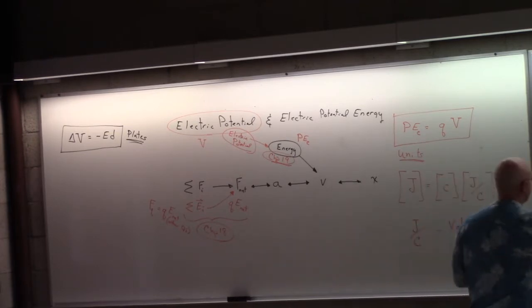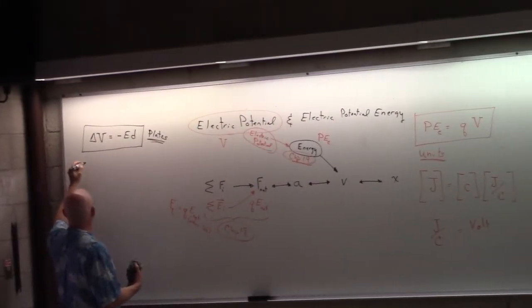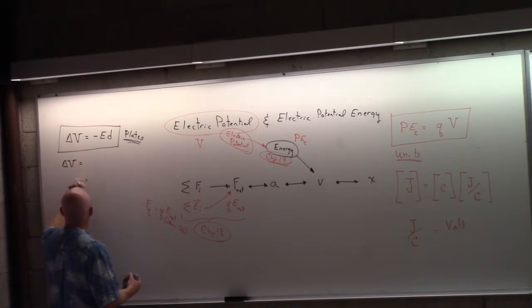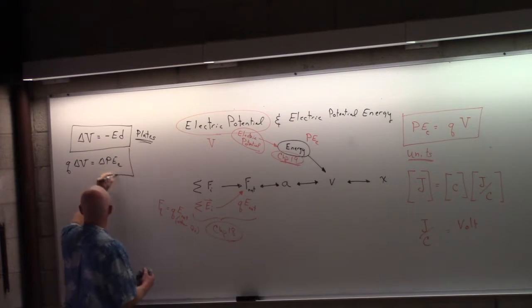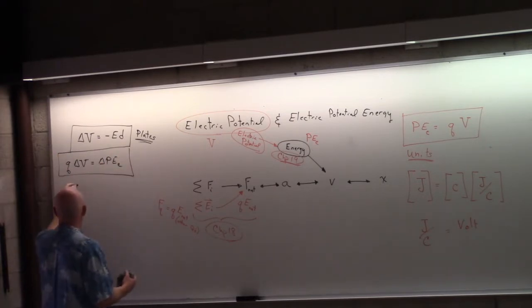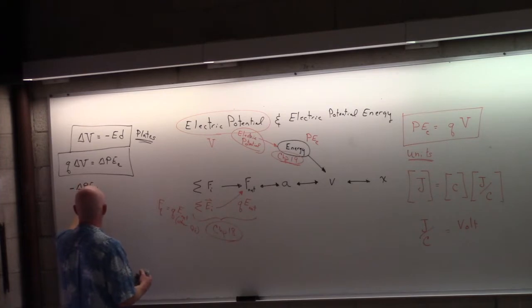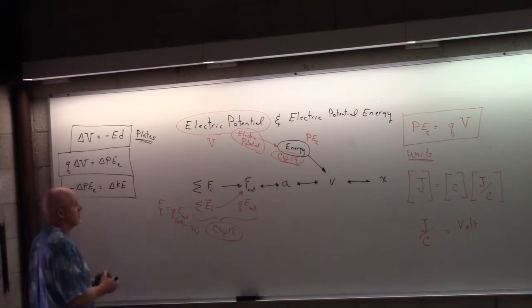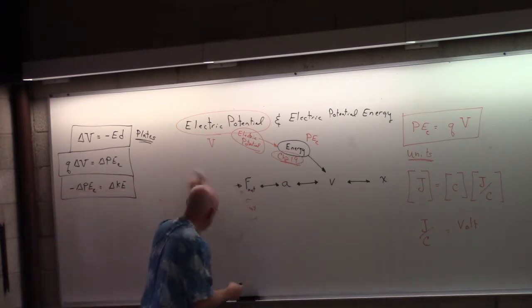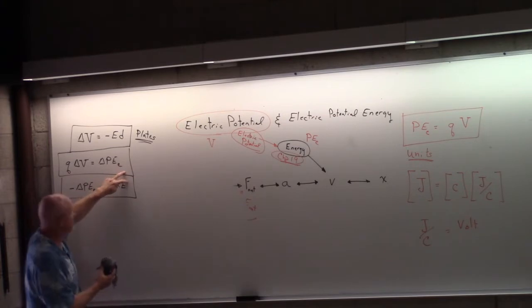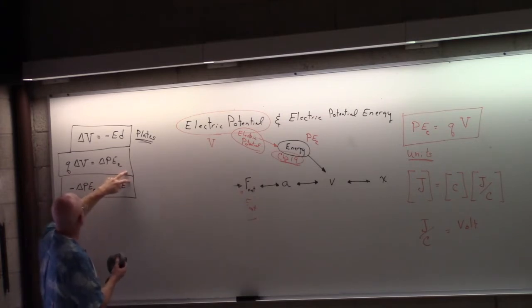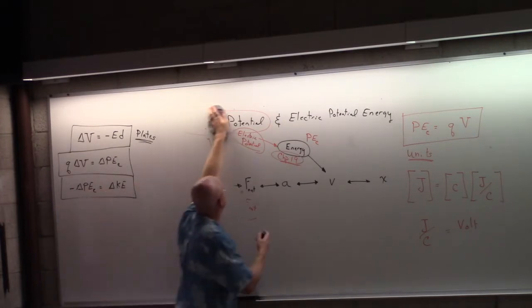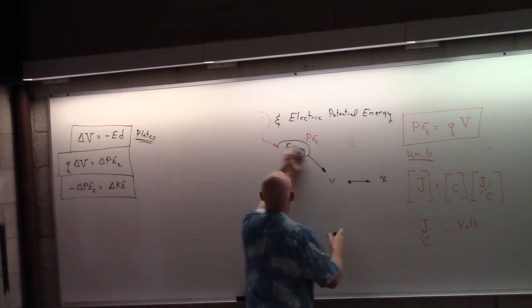Now, maybe I should put the more general conclusion that we've already talked about, and that is the fact that the change in the potential multiplied by Q is the change in potential energy. That was a big one. And the other one is that negative the change in electrical potential energy is the change in kinetic energy. And so those are the two big pieces. And I would say these second two were the general ones that I have been talking about for the last 45 minutes or so. And it's this one that is very specific to this scenario of a parallel plate.